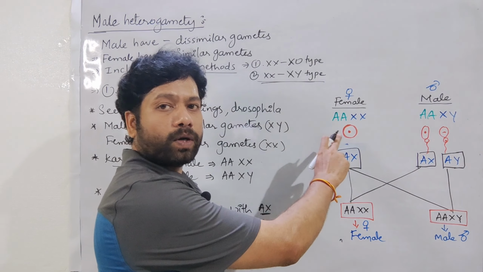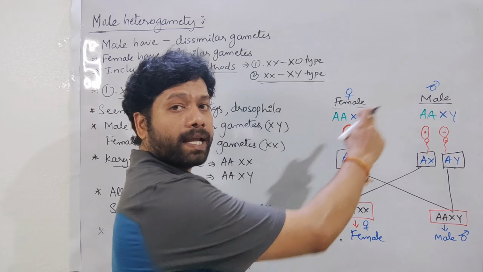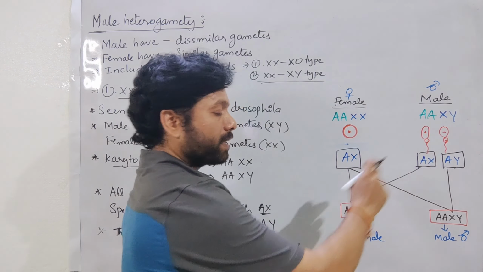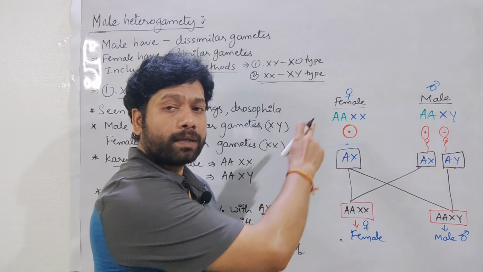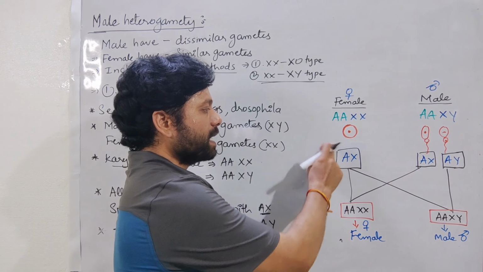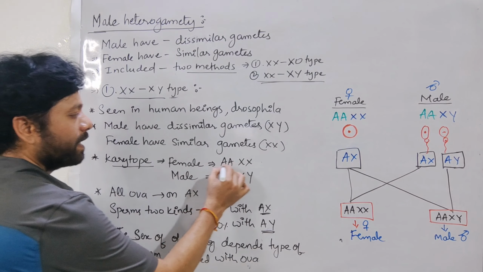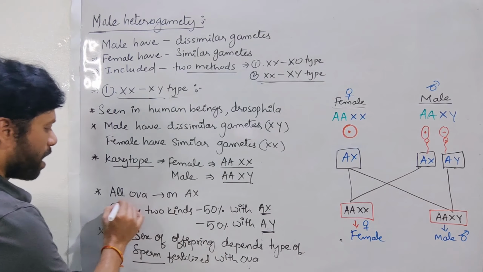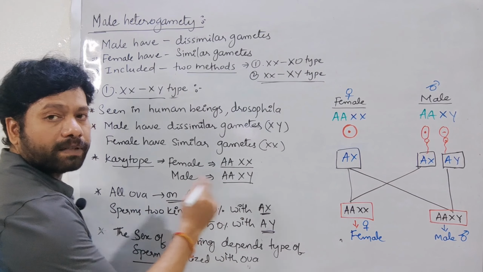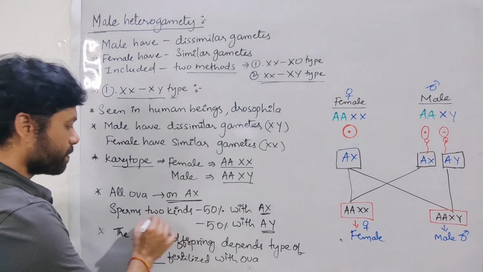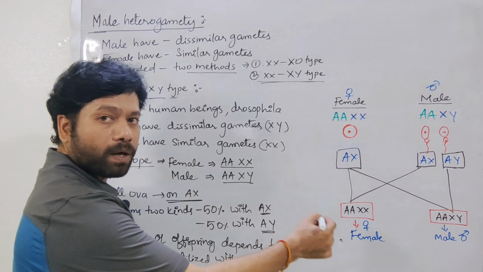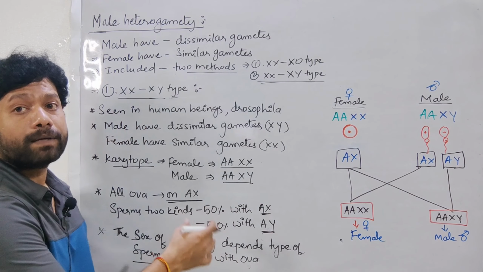So female has AA XX. Male has AA XY. So A is what? Autosome. What are the possible gametes? Simple. Single AX. Female AA, so all ova have AX with the complement chromosomes. Sperm is two kinds, 50% with AX complement chromosomes and remaining 50% with AY.